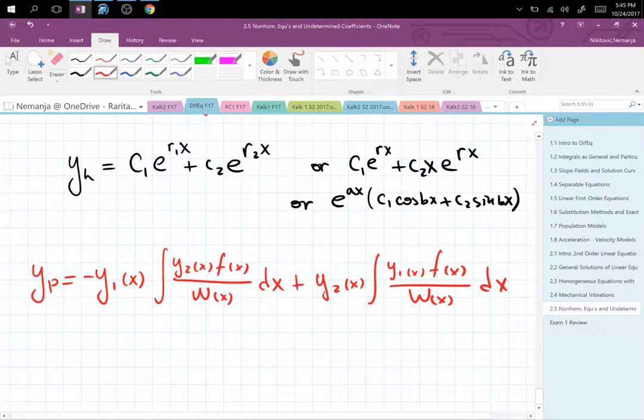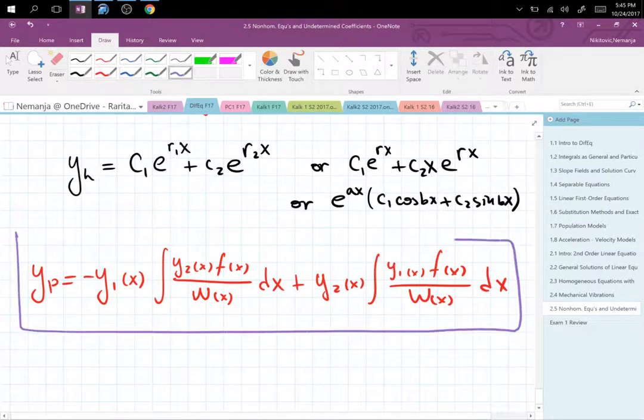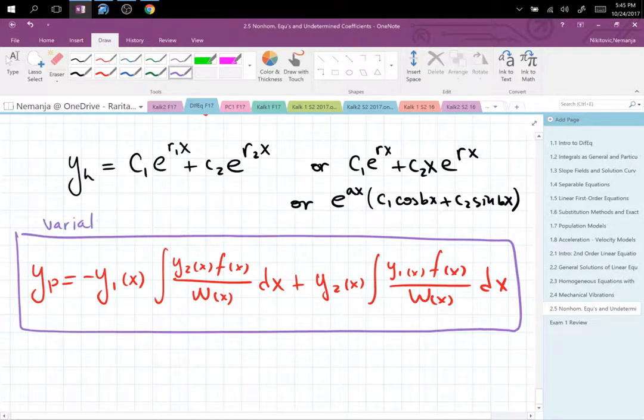Ta-da! There we go. Variation of parameters.